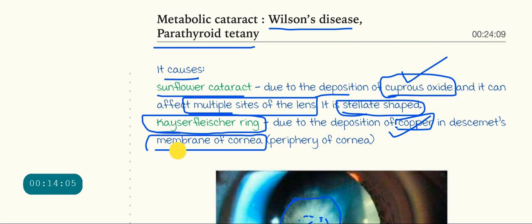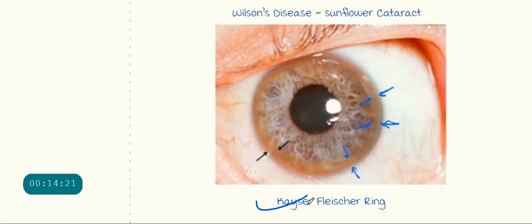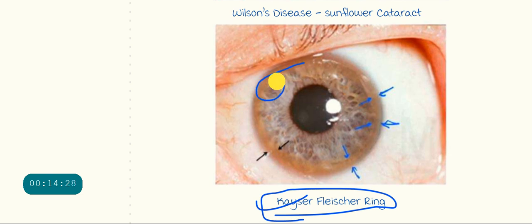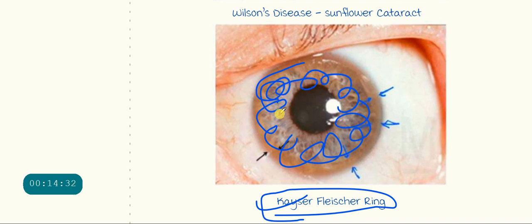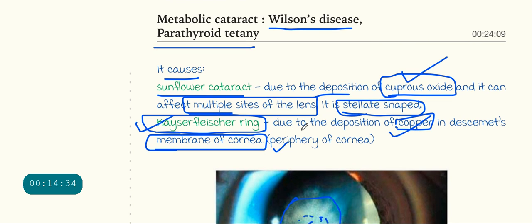At the peripheral aspect of the cornea there is a deposition of copper, which leads to the formation of a ring called Kayser-Fleischer ring. Very important. You can see the Kayser-Fleischer ring in this image. This ring is situated at the periphery of the cornea.